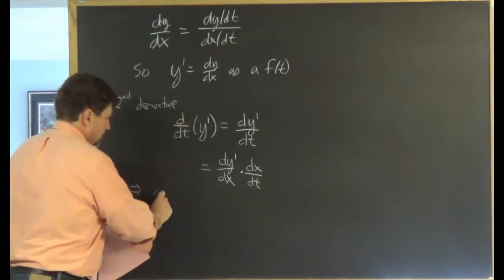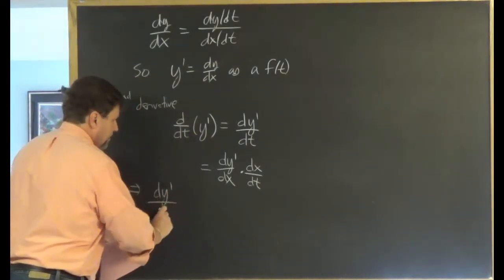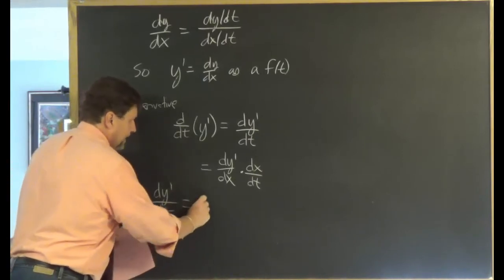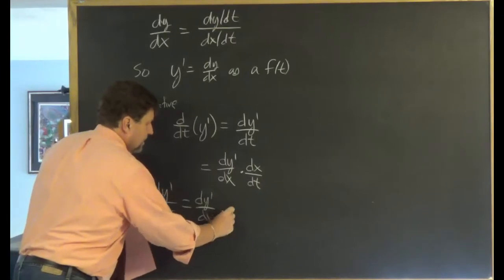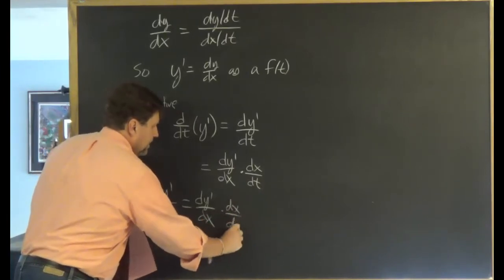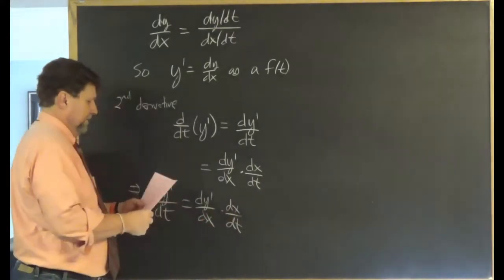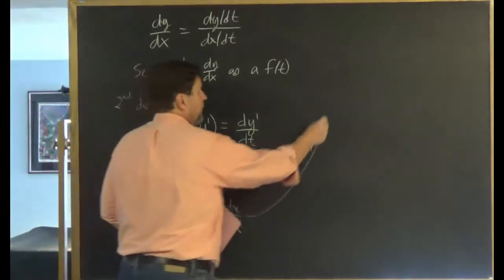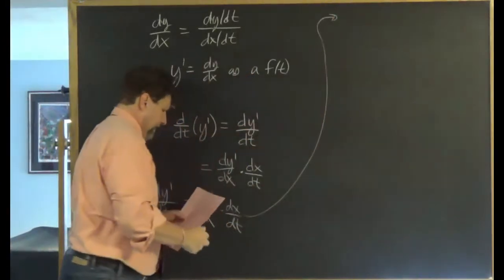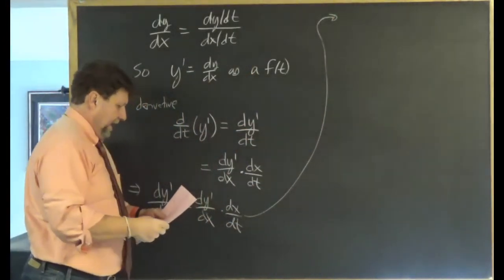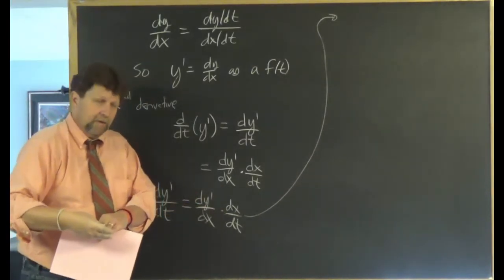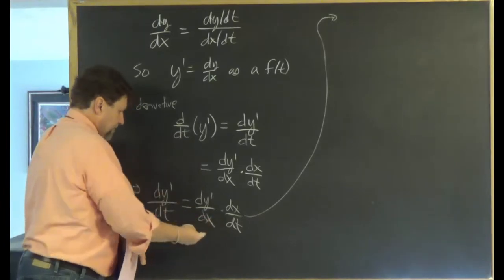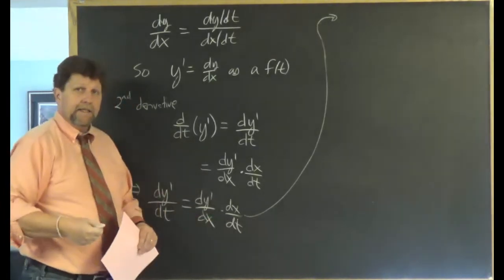Progress check. We have dy prime over dt is dy prime over dx times dx dt. Now, as long as dx dt does not equal 0, I can divide both sides of this equation by dx dt.